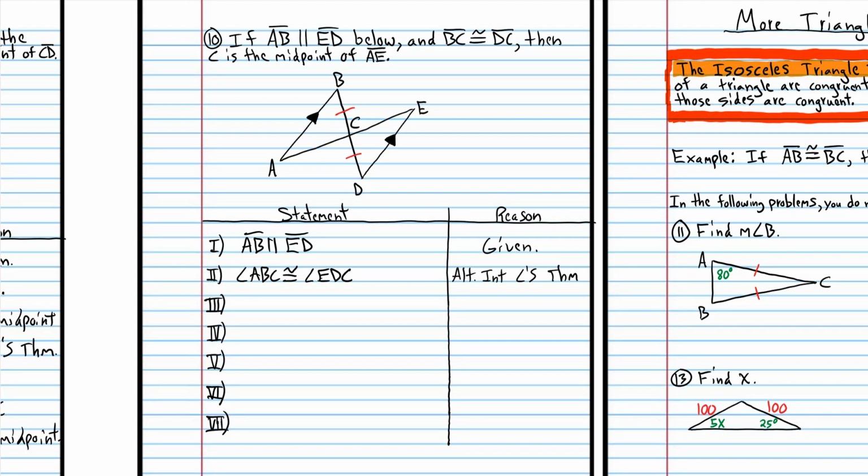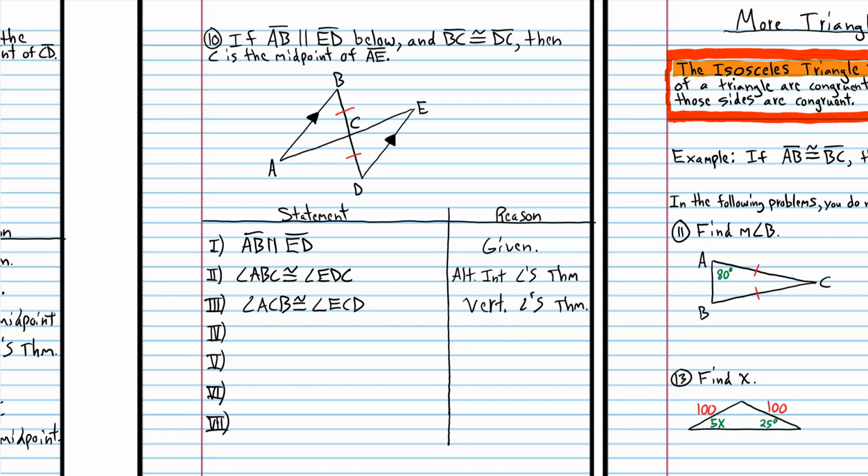So that's what I'm going to do. I'm going to say angle ACB is congruent to angle ECD by the vertical angles theorem. And now we can use ASA. Actually, no, we can't.